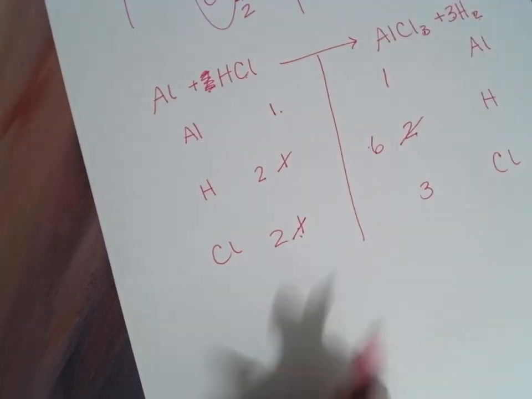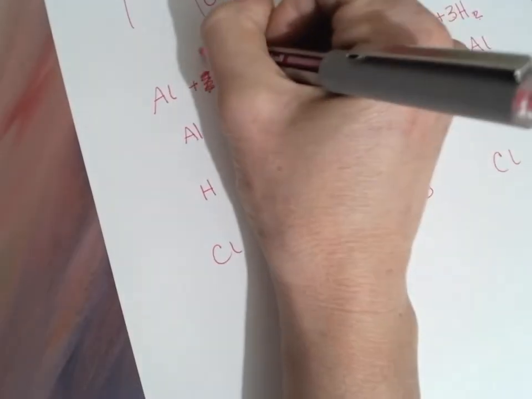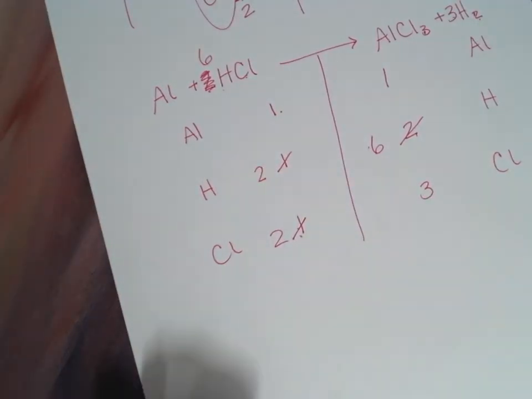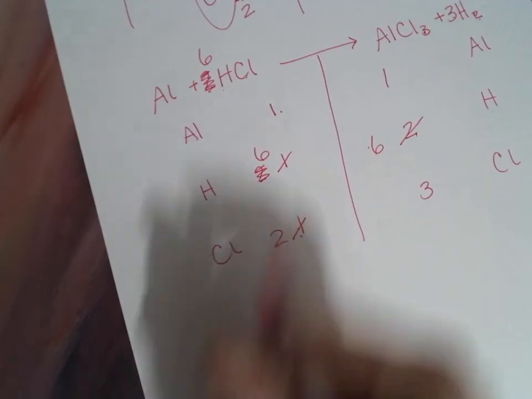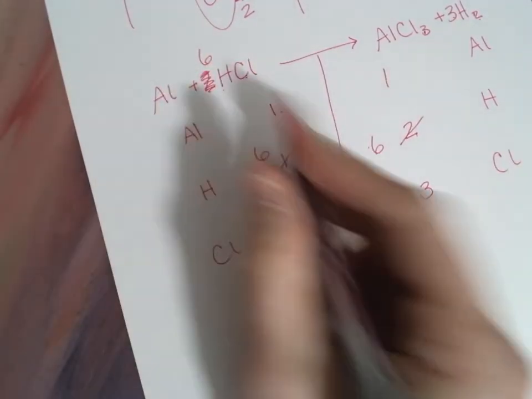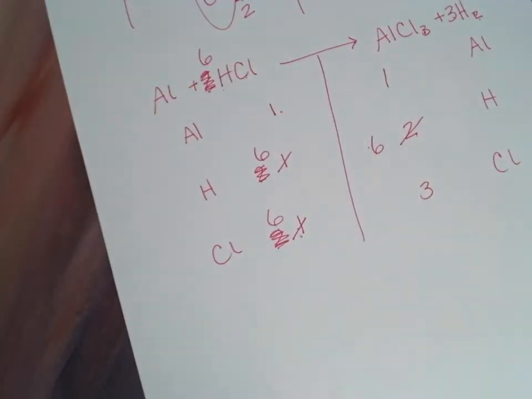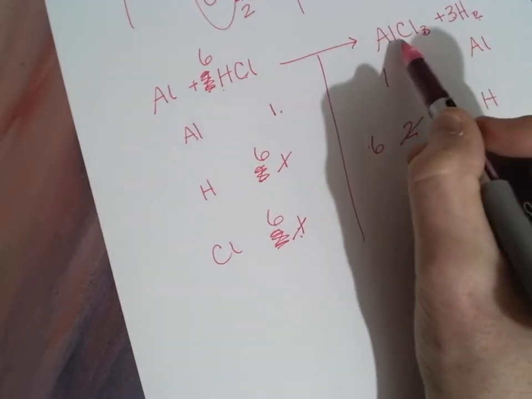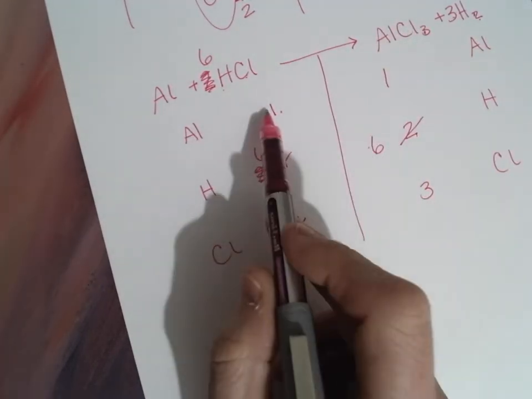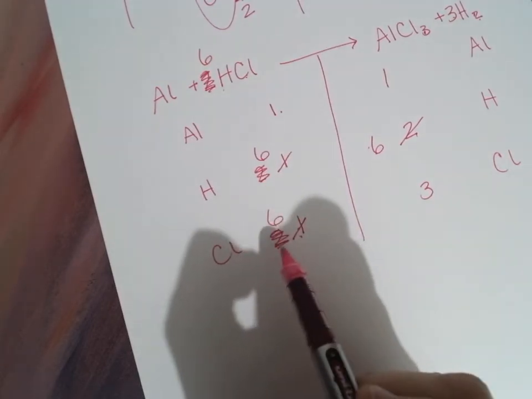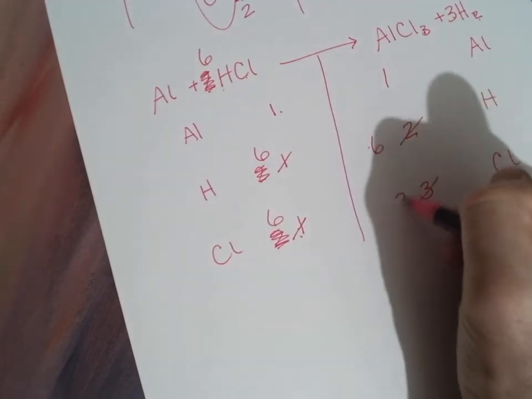So now I have 6 hydrogen. How can I make 6 over here? I'm going to put a 6 there. 6 of those and 6 of those. Okay. Over here, I still only have 1 aluminum, but I have 3. And I have 6 here. So how can I make this 6?